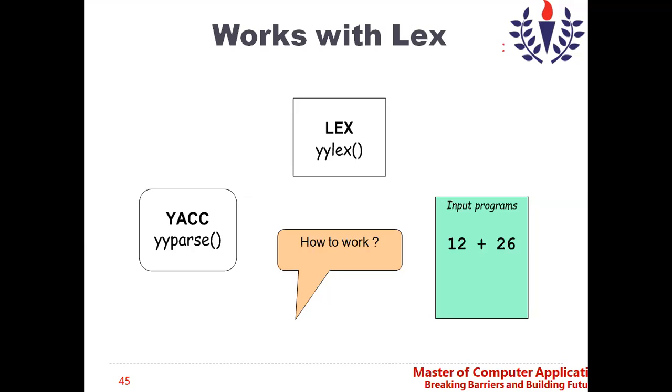When I give you the input 12 plus 26, everybody will accept that it's a proper expression. But have you given the rules for this expression in the grammar, in the Yacc program? If it is given, then it will accept this input and say yes, it's a valid input. That is exactly what is happening here.